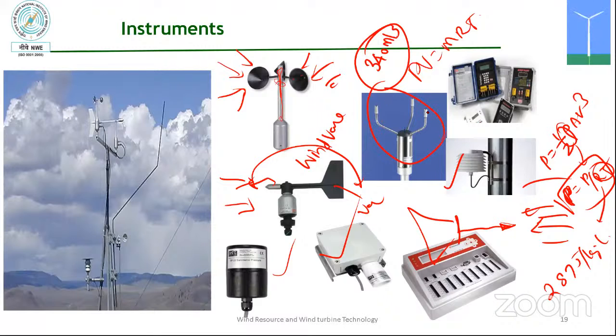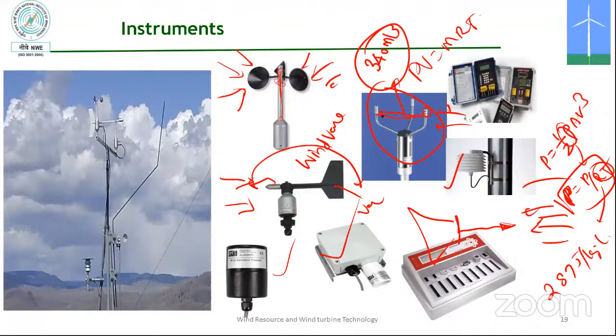The sonic anemometer has antennas. The air will travel from one end to the other end at the speed of 340 meter per second. In case the wind is flowing from this direction, it will measure the wind direction as well as the wind speed. How will it measure? Since the wind is flowing from this direction, depending on the strength of the wind, the flight path will change.